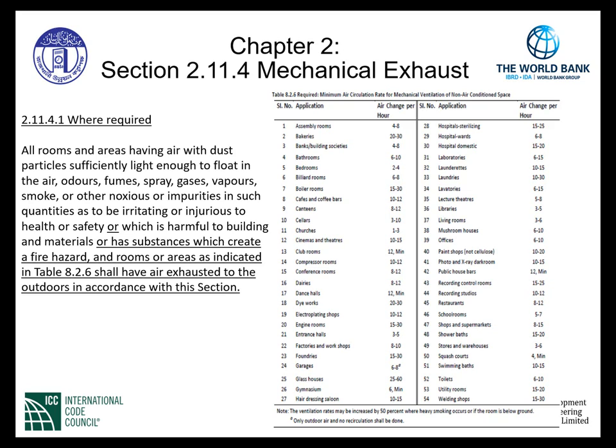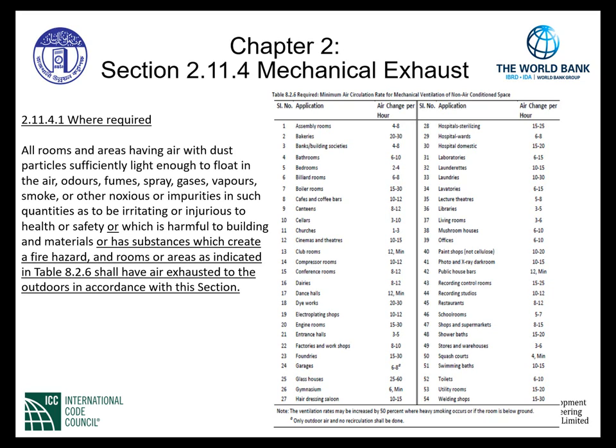Indicating the table off to the right-hand side, Table 8.2.6 gives us the requirements for the minimum air circulation rate for mechanical ventilation in non-air conditioned spaces. As seen in the table, we have the application column that describes the area within the building.